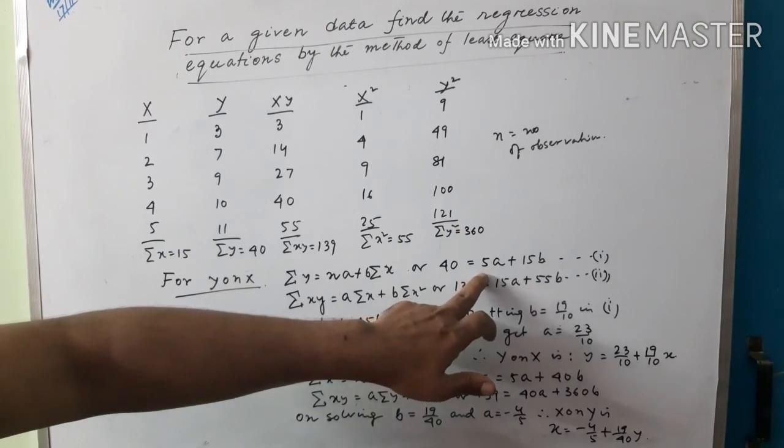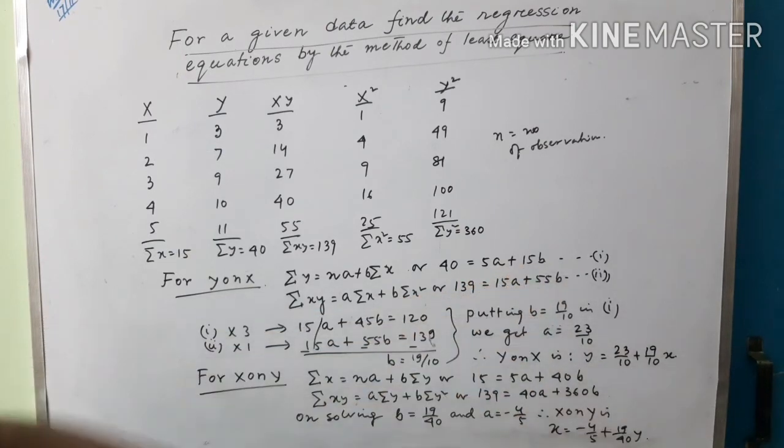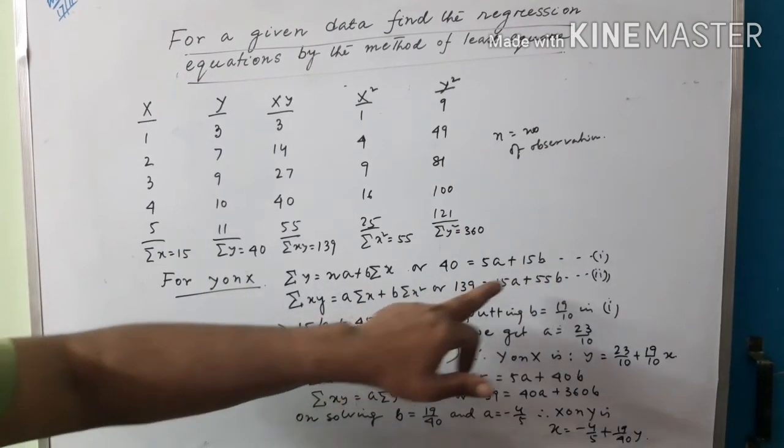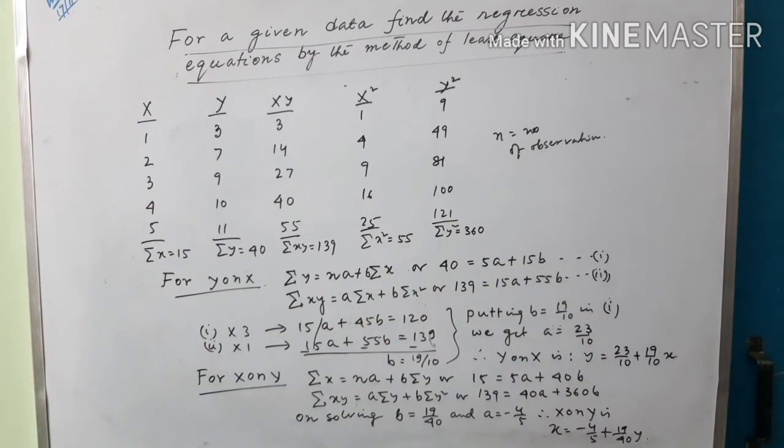So n equals 5, and sigma x is 15. The first normal equation is 40 equals 5a plus 15b.